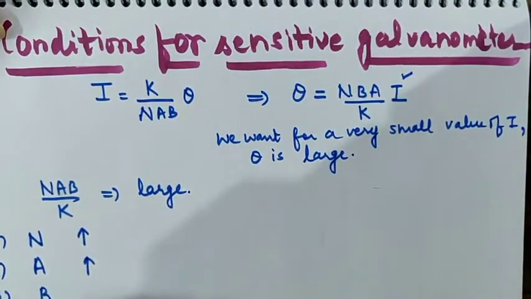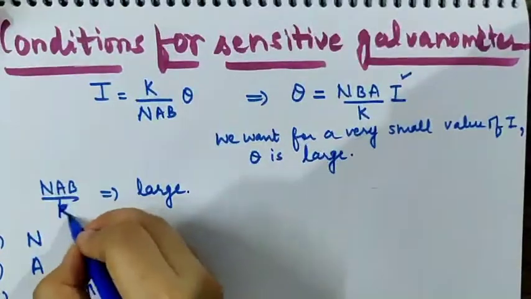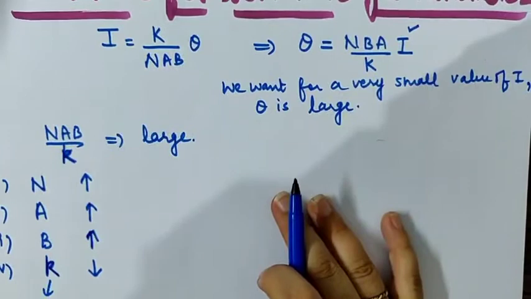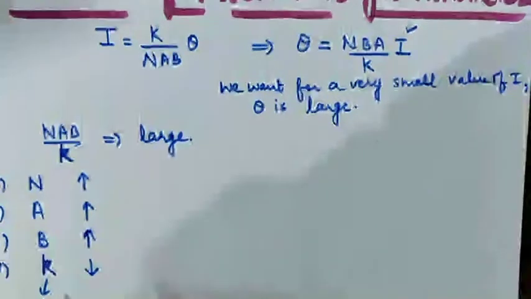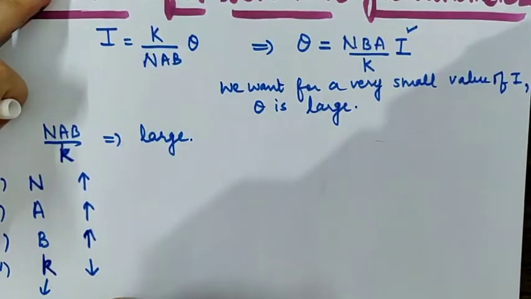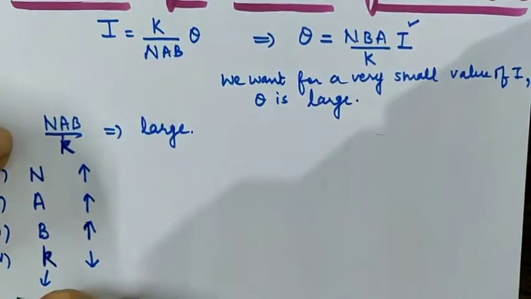Number three, the magnetic field should be very large. And number four, K should be small. Small k you will write, because capital K we have fixed for figure of merit. So small k is called the elasticity coefficient, which we used to call the force per unit length. So it is the elastic constant. We want its value to be small.